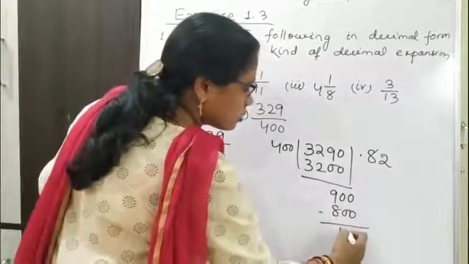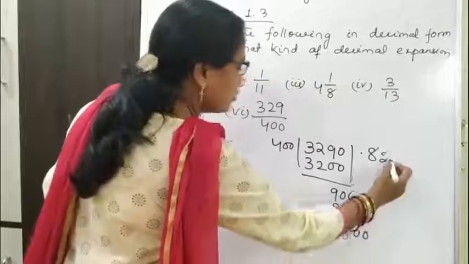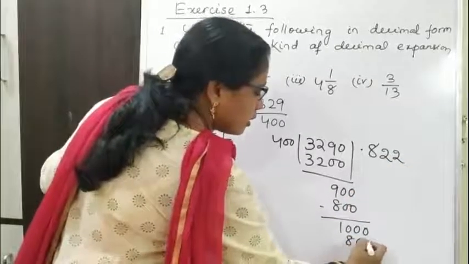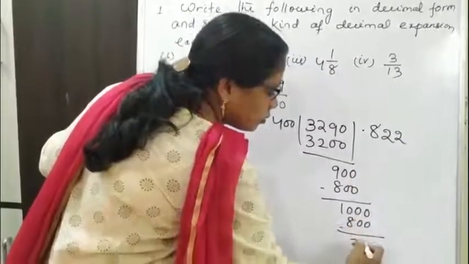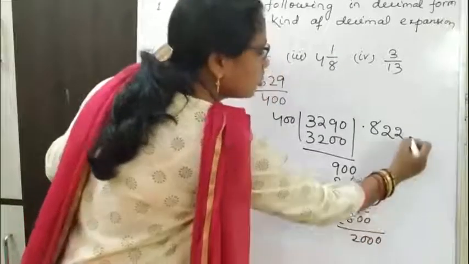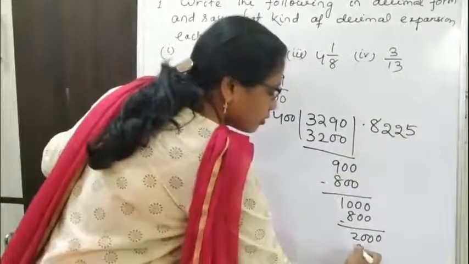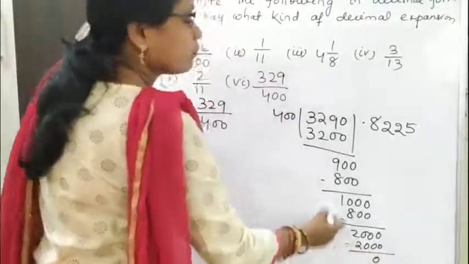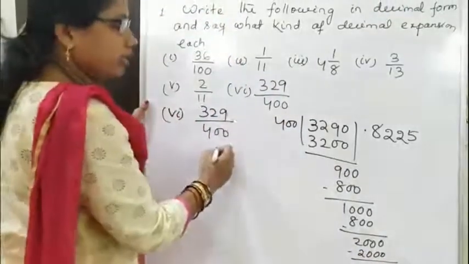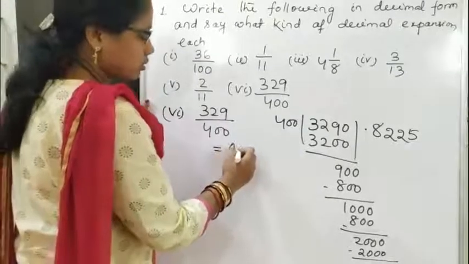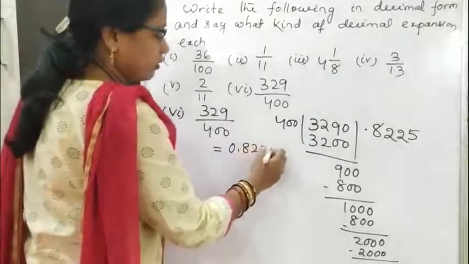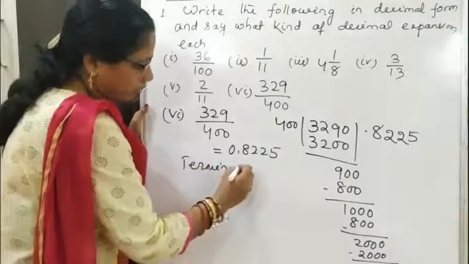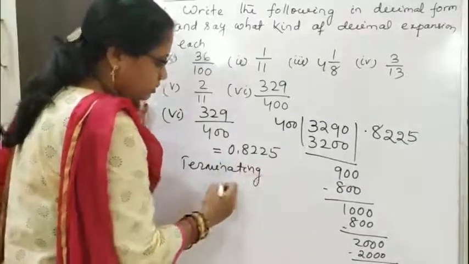So this is 100, again we will put 0, so 2 is 800, then 200, then 0, then 5, 2000, the remainder is 0. So this is a terminating decimal expansion, 0.8225.